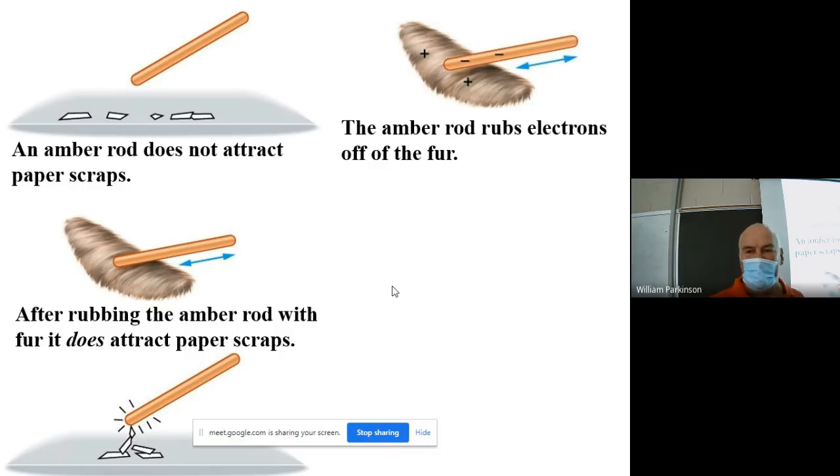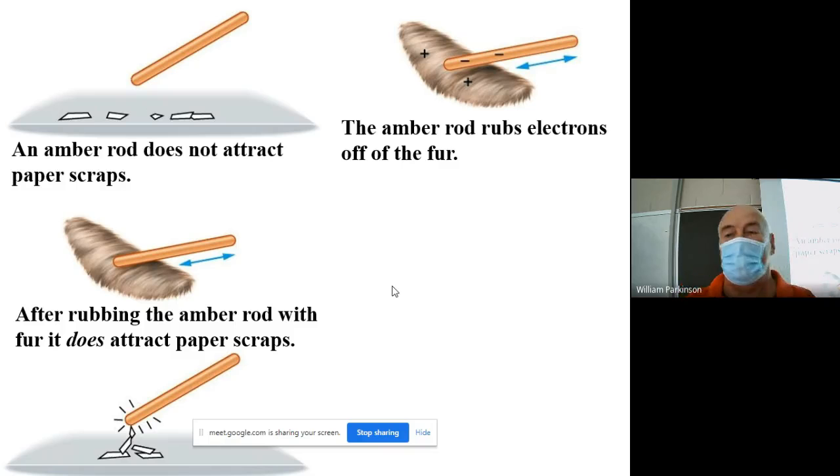So the amber is, as we can now guess, we've talked about this a few times already, rubbing electrons loose from the fur. Just like you walking across the carpet, pick up a whole bunch of electrons on your body as you do so. While the fur gives up electrons, it is now positively charged.